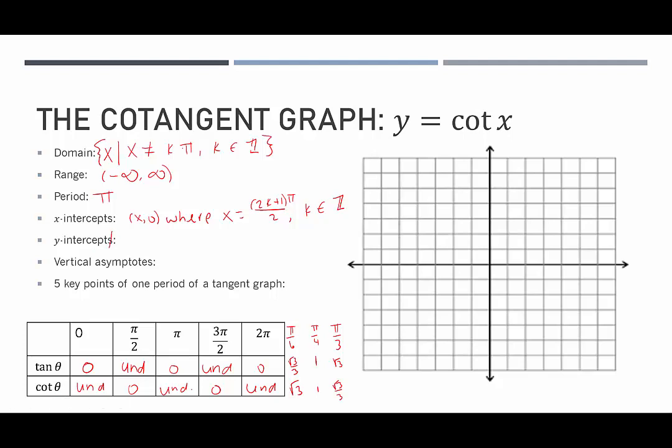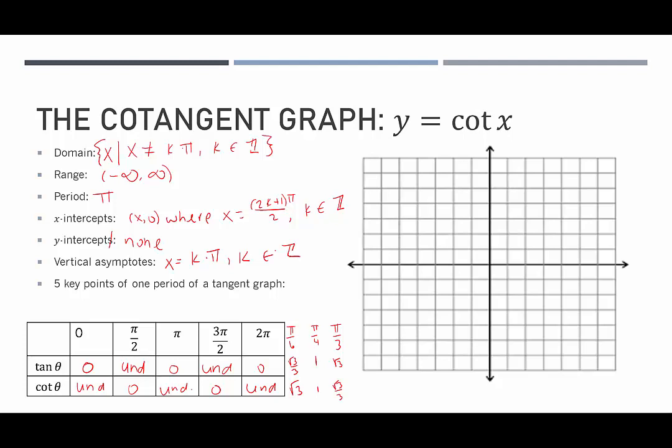Is there a y-intercept? No, because it's undefined, so we would say none. And then the vertical asymptotes, that's going to be just like the domain, except instead of saying not equal to, we're going to say is equal to. So we can say x equals k times pi, where k is an element of the set of integers.